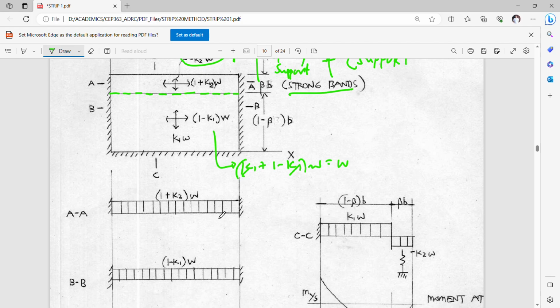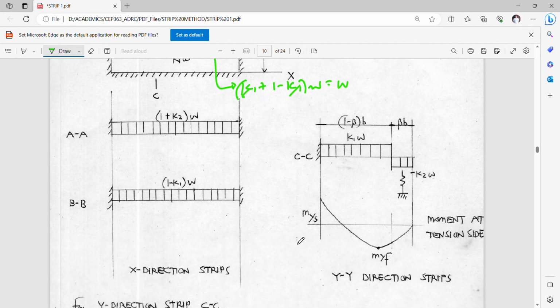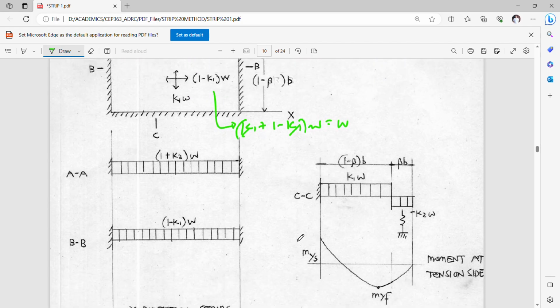So for the CC strip, you will notice the part here wherein minus K2W acts as a spring, which is actually a load directed vertically upwards. And this is K1 minus W in this regard.